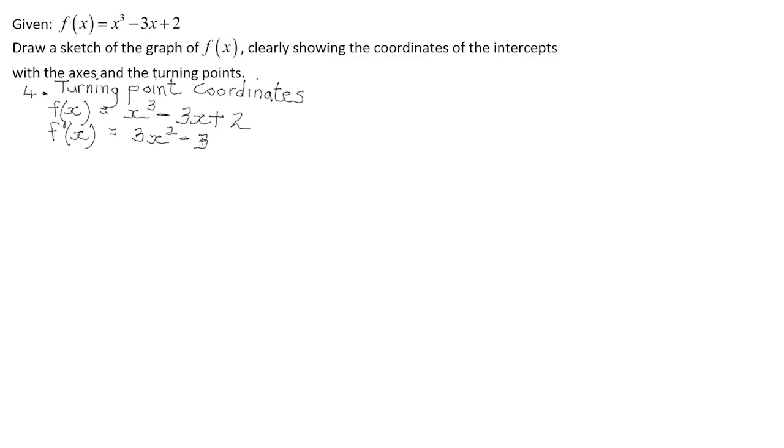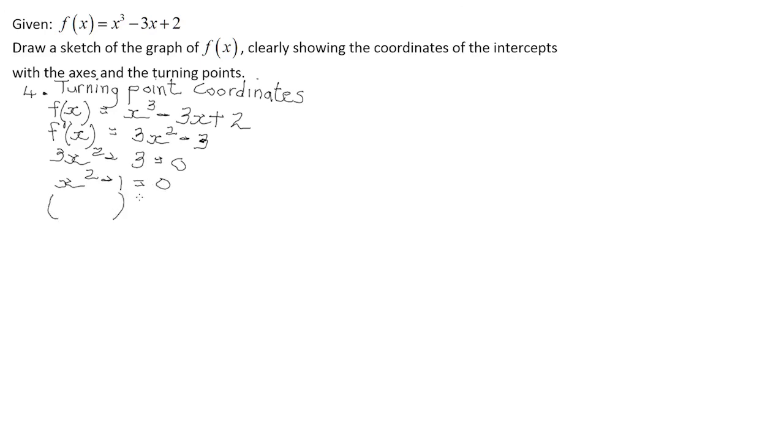This must be equal to 0. So 3x squared minus 3 is equal to 0. I take out 3 as a common factor, so x squared minus 1 is equal to 0.